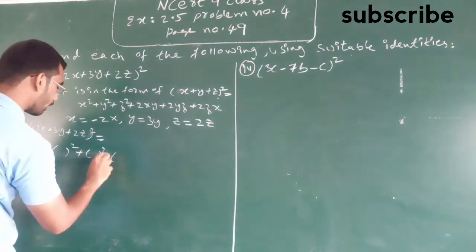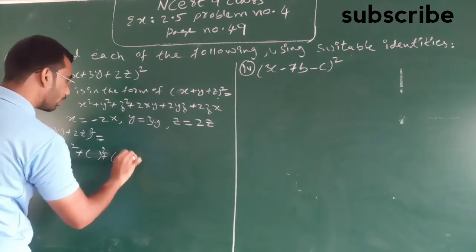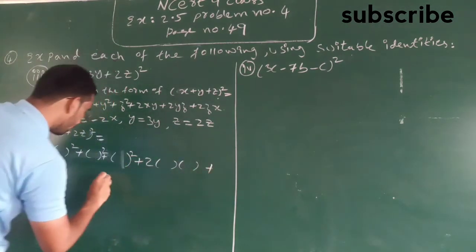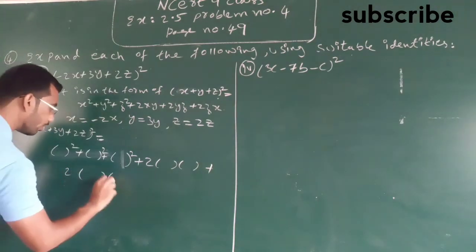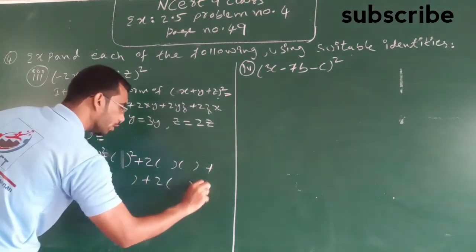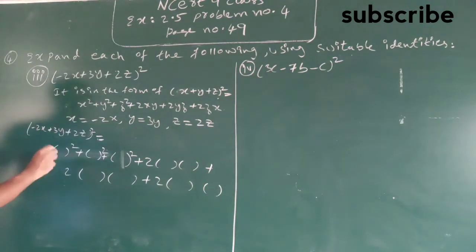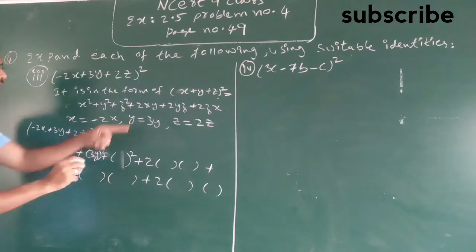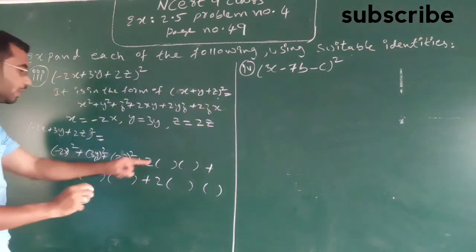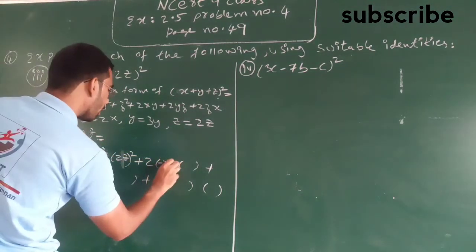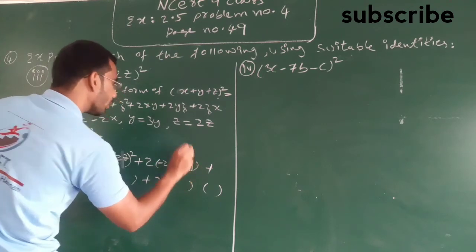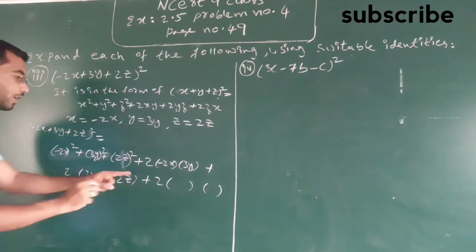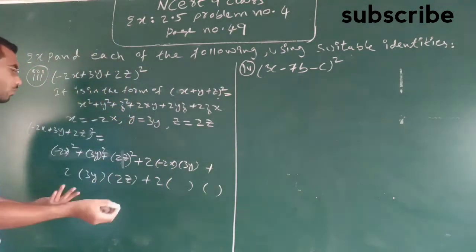Now plus z square plus 2 into, plus 2 into, plus 2 into. Now x value is minus 2x, y value is 3y, and z value is 2z. In this put x and y, here y, z, here zx or xz, no problem, it will be the same.